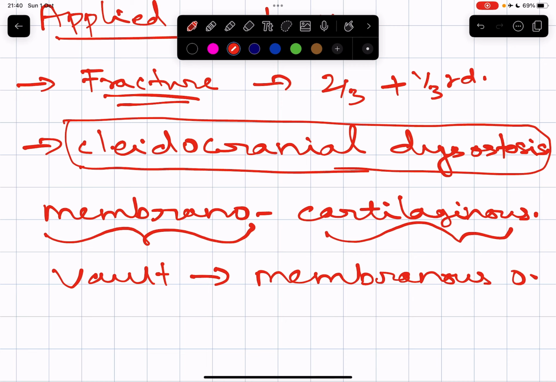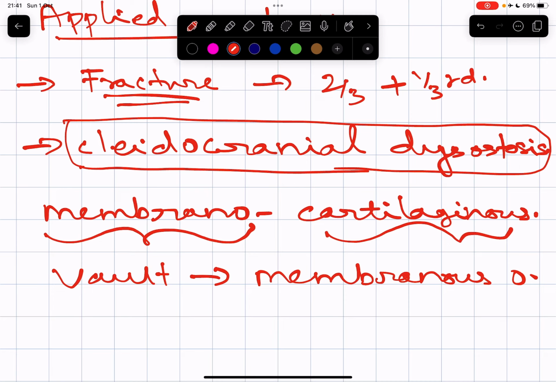So the part of the clavicle that is formed by membranous ossification is also not formed. So dysostosis means not properly formed. This is called cleidocranial dysostosis, in which there is some deformity in the formation of some skull bones and the part of the clavicle that is developed from membrane, right?